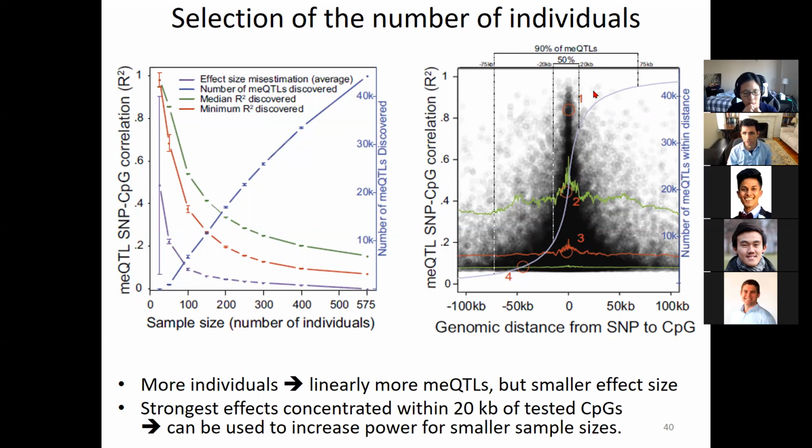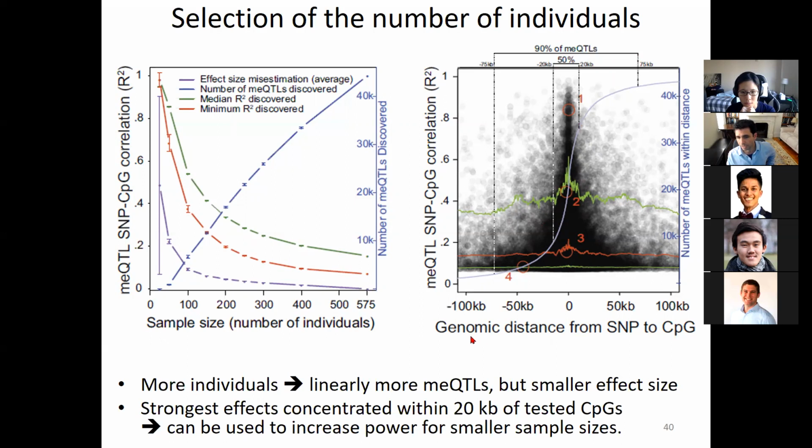And then you can see here the distance distribution between the DNA methylation probe, namely where am I measuring the DNA methylation level, and how far away am I. And what you can see is that 90% of methylation QTLs are within 75 kb, and then 50% are within 20 kb.